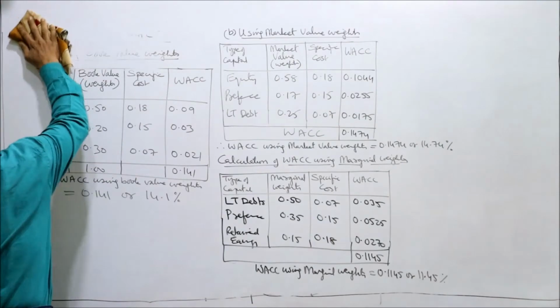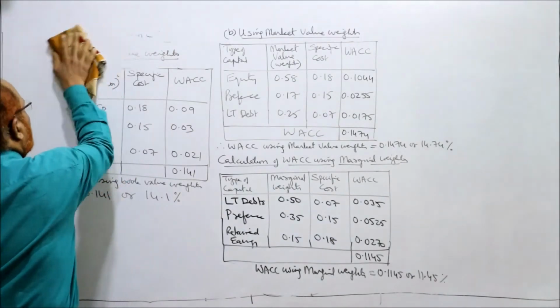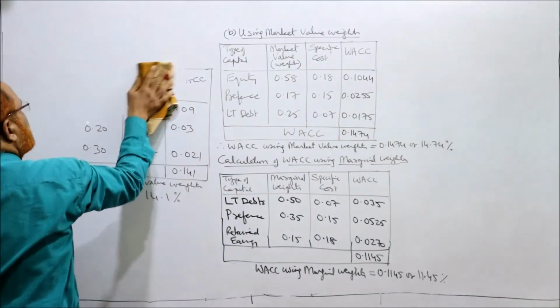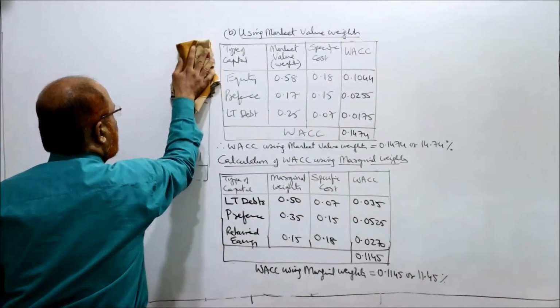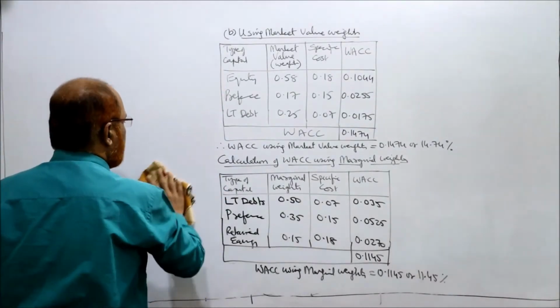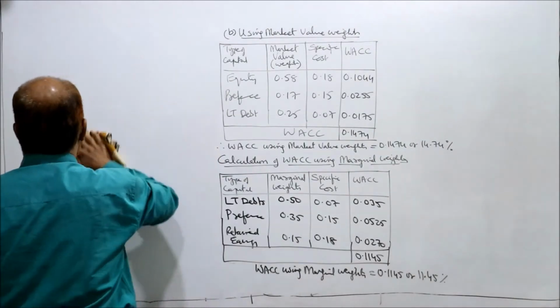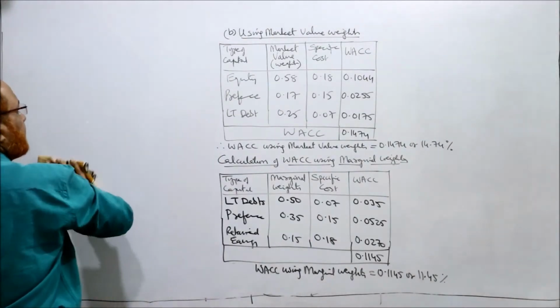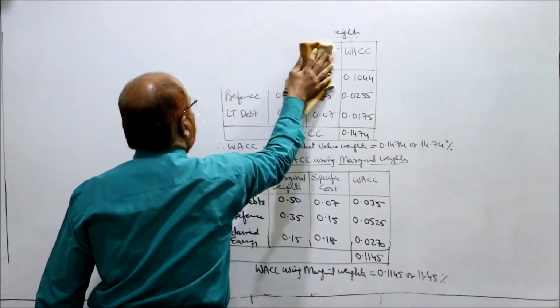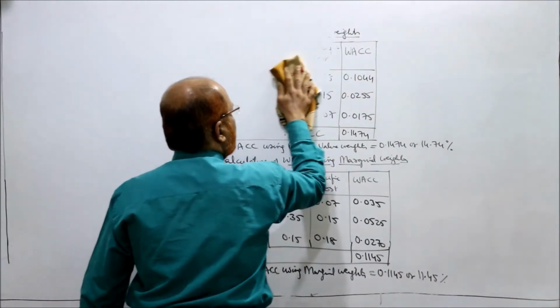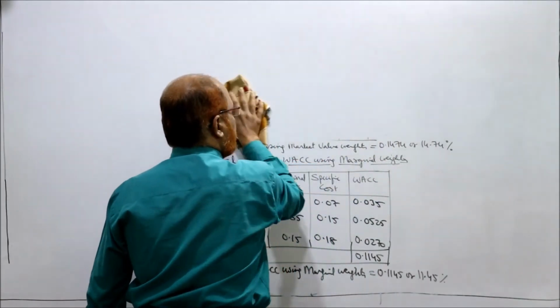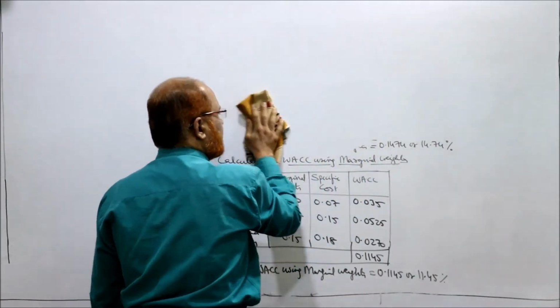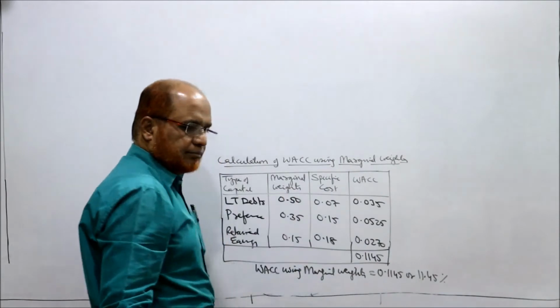So in this problem we have calculated WACC only using proportions, not amounts. No formula is required. Simply multiply the proportion with the specific cost.